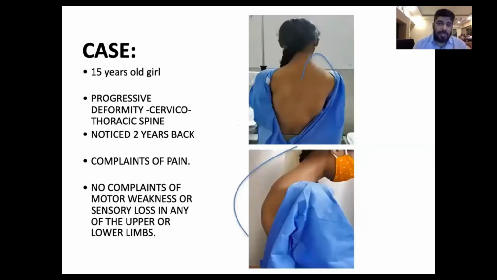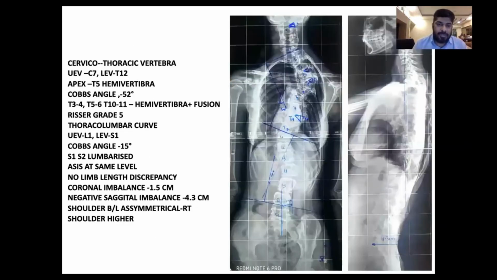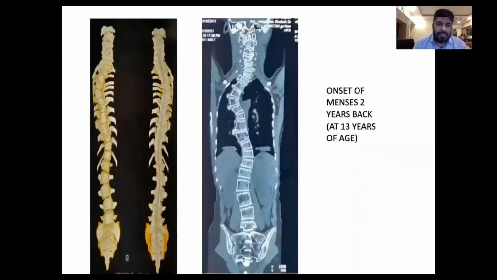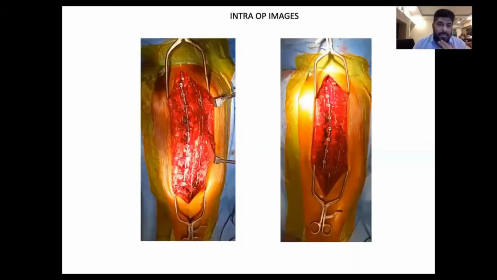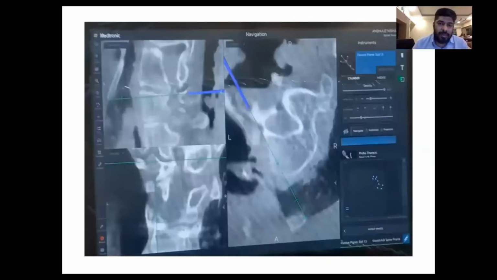This is a 15-year-old girl, cervicothoracic deformity, worsening cervicothoracic flexion deformity. Mother was really concerned. Family was concerned as she's a growing child. Around 52 degrees was the Cobb. We planned for a C7 to L1 deformity correction in this particular case. We did all the important imaging, and we really got very good screws in all the concavities in this cervicothoracic deformity.